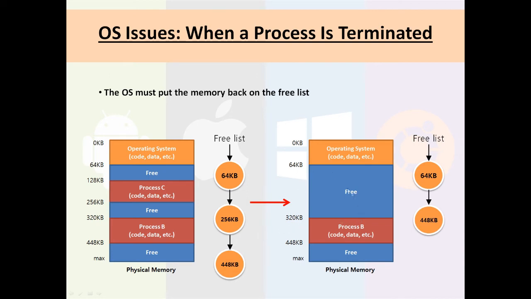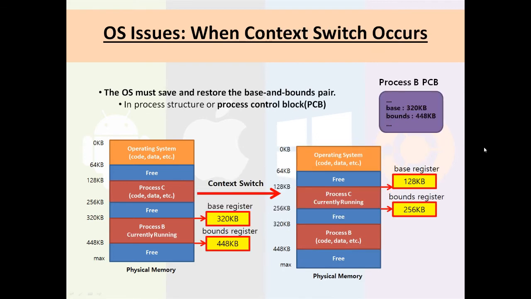After the change, we now have a big chunk of free space from 64 all the way to 320, because between 256 and 128 is now freed. And now our free list looks like this. It pointed to 64 and then it pointed to 448. Okay, so that's how we handle when a process is terminated.